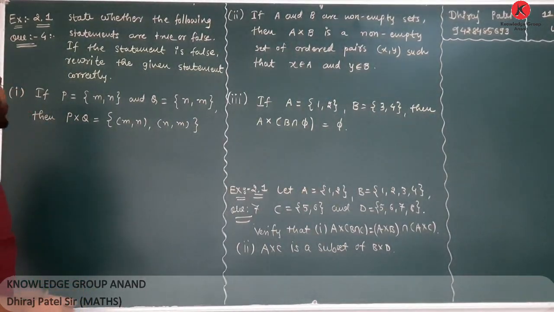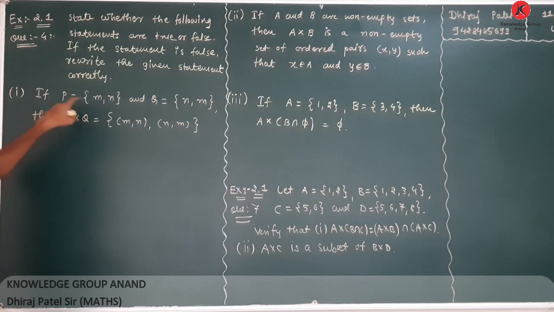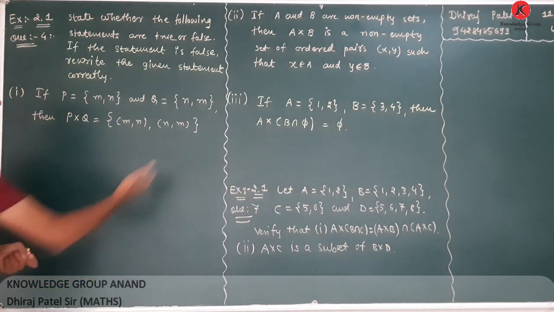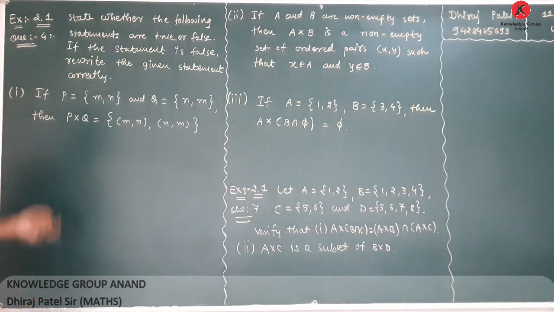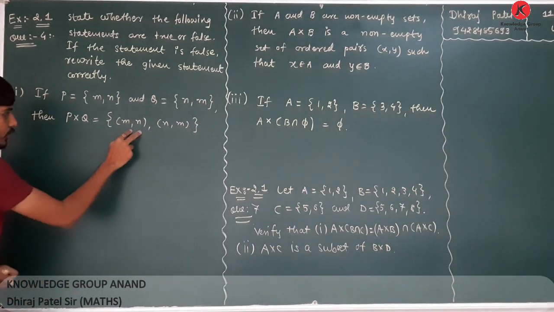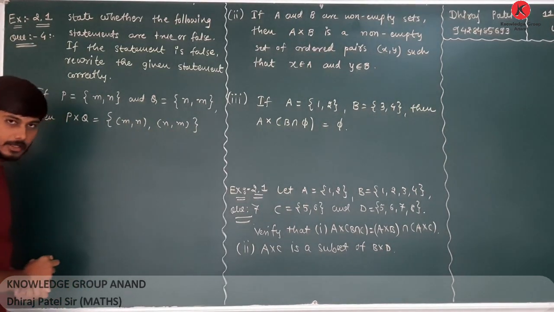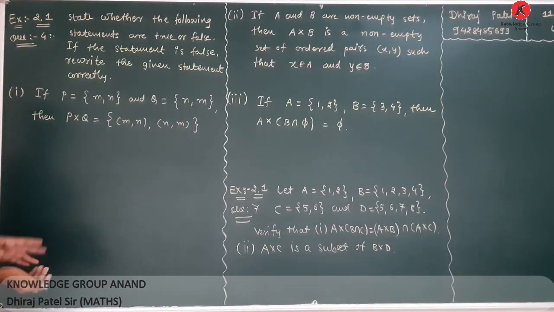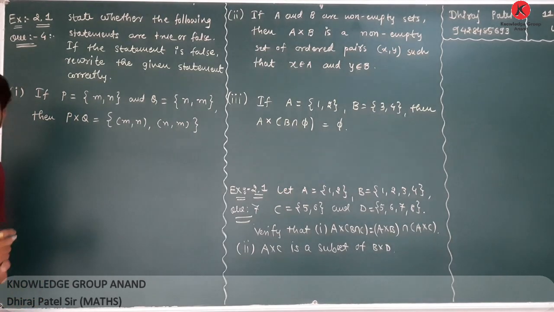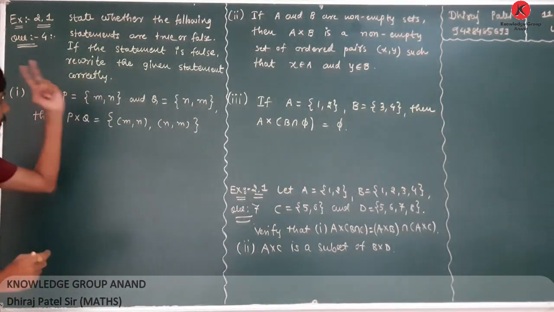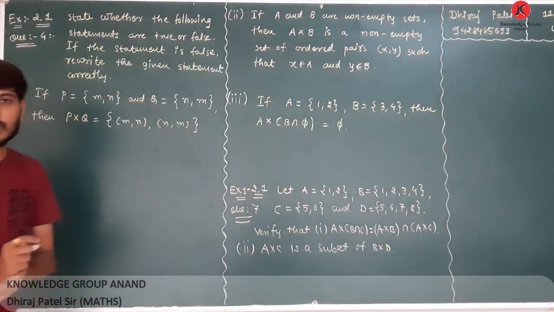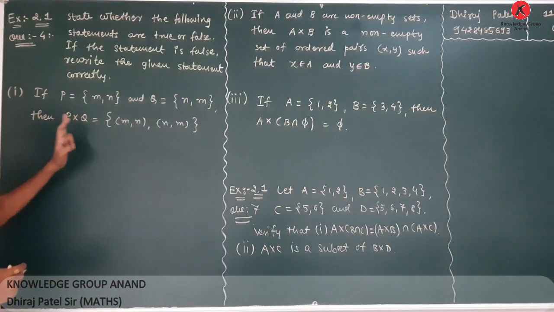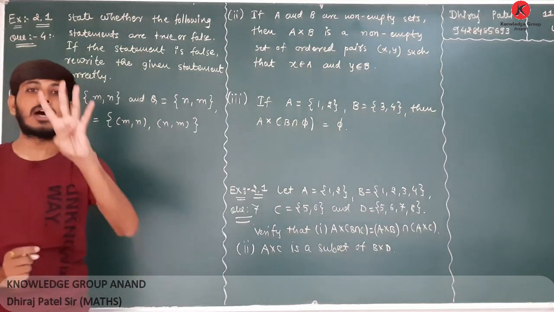So the first question: if P equals {m, n} and Q equals {m, n}, then P cross Q equals {(m, n), (n, n)}. Is this a true statement or false? See here, in set P the total number of elements is 2, same as in set Q, 2 elements. Therefore the number of elements in P cross Q is 2 times 2, which is 4.